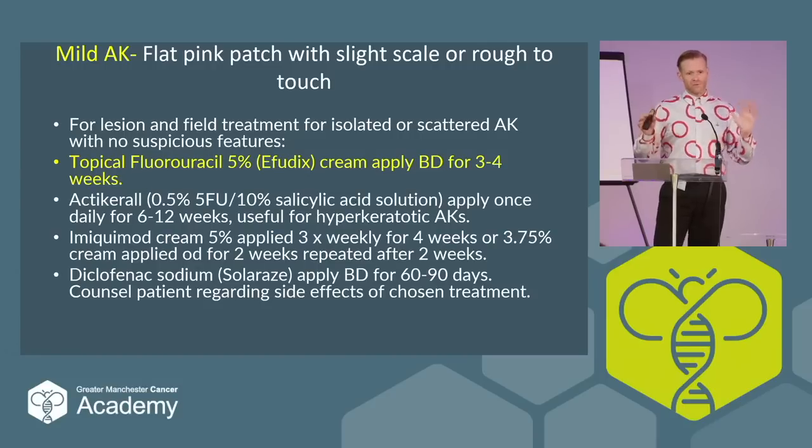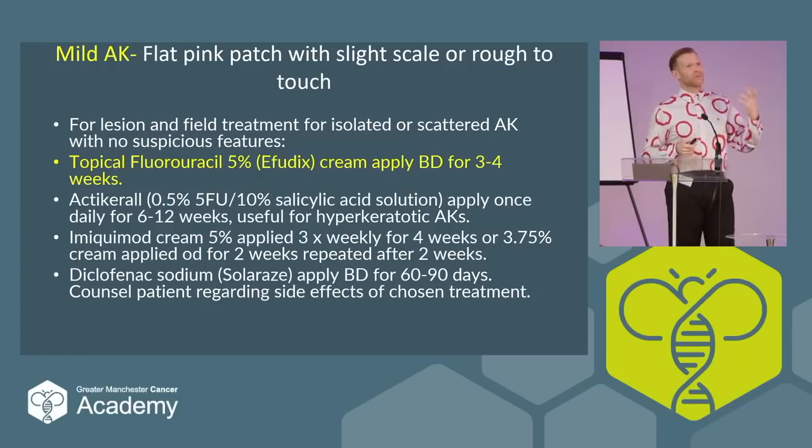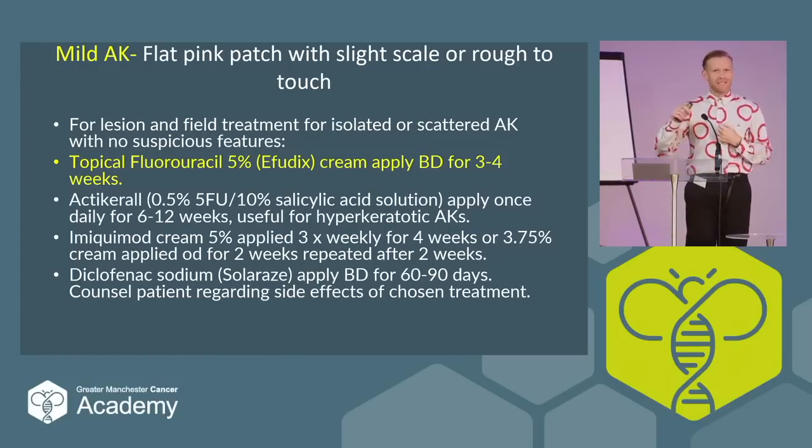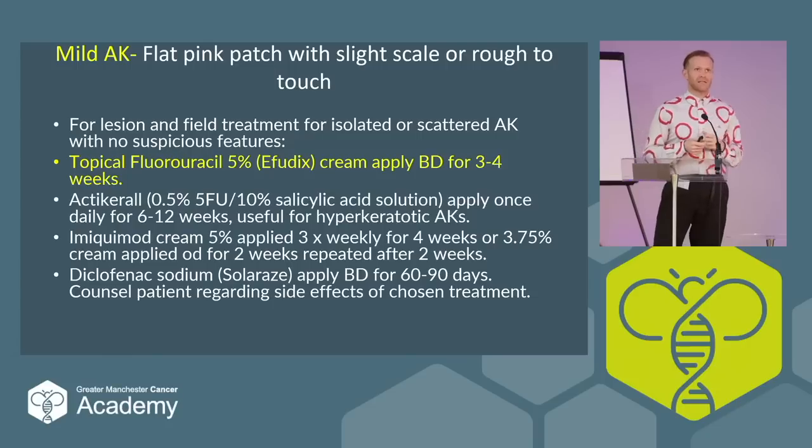So if we think about those grade 1 or mild actinic keratoses, we're thinking of these flat pink patches, maybe a bit of scale, a little bit roughened to touch. For isolated lesions, initially, you've got the option of topical treatments such as Efudix or 5-FU. For a single lesion, you may want to use something like Actikerall, which is painted onto the lesion, and I'll come on to that later.